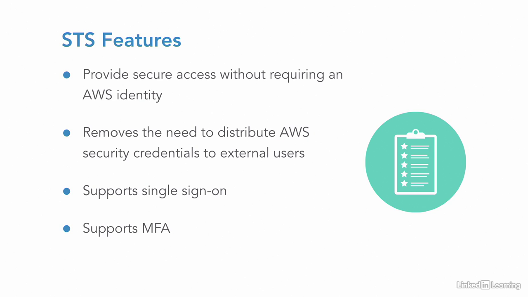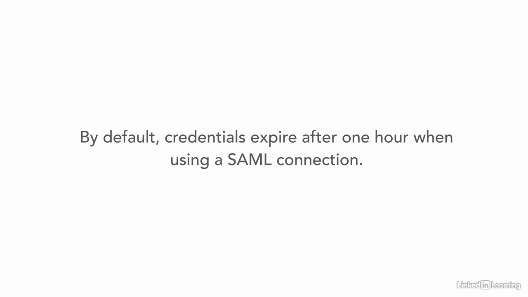As far as the user is concerned, it's a single sign-on. They put in their credentials once, and the relationship between the credentials externally and at Amazon is handled in the background. By default, credentials expire after 1 hour when I'm using a SAML connection. That's the Security Association Markup Language, which is used by Active Directory Domain Services. Again, we can change that default.